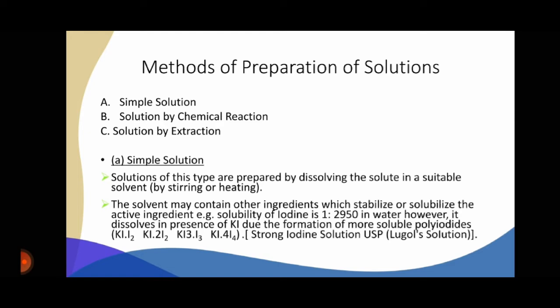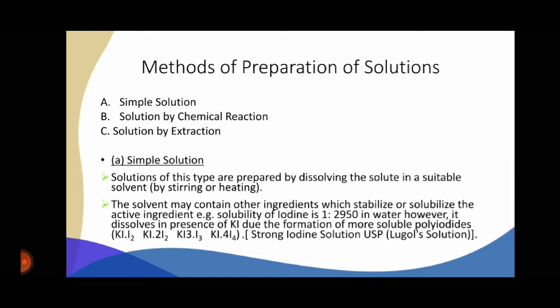So we have simple solution, solution by chemical reaction, and solution by extraction. Simple solutions are prepared by dissolving the solute in a suitable solvent by stirring or heating.